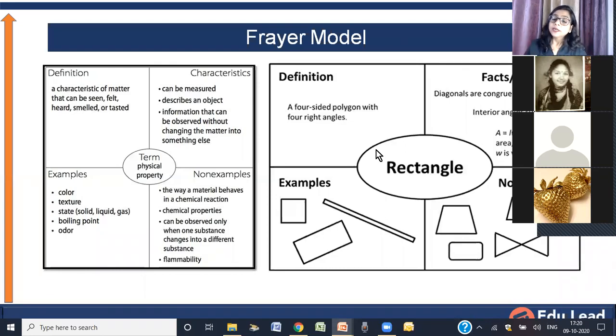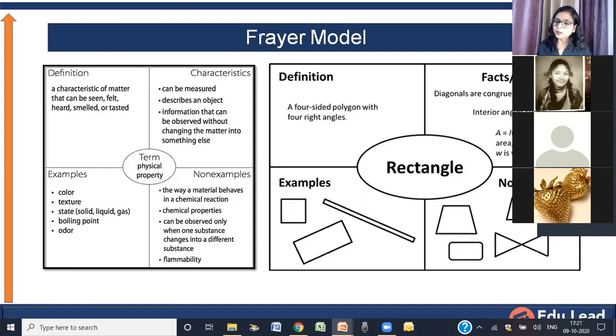Now, how are we differentiating in this? So the differentiation again can be done that you can make mixed ability groups. You can provide a template in a group and ask them to work it out together. Or otherwise you can group the students and give them numbers 1 2 3 4, 1 2 3 4 in all the groups, and say that ones are going to write definition, twos are going to write characteristics, 3 will write examples, 4 will write non-examples.